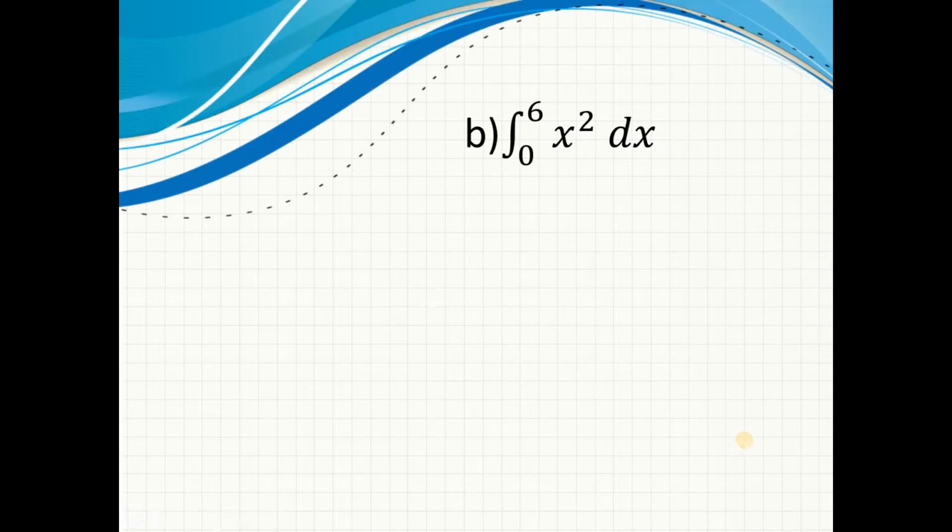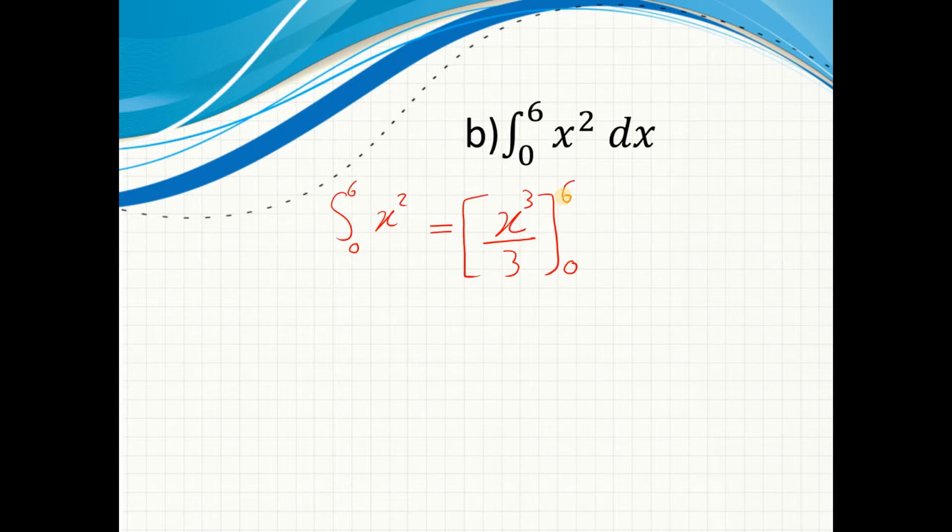Exercise number B. Integrate from 0 to 6, x power 2 dx. First step is integration. Integrate x power 2: add 1 to the power, x power 3, and divide by the new power. But don't forget we have start 0 and end 6.